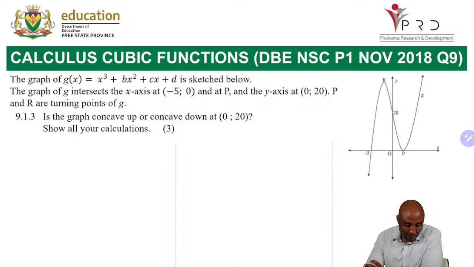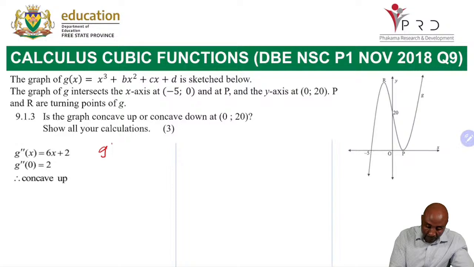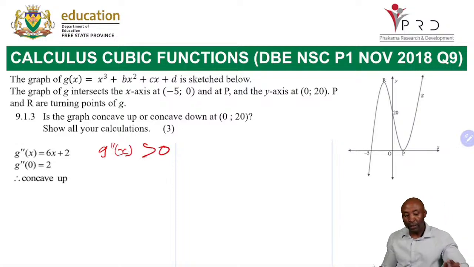Is the graph concave up or concave down at the point 0 and 20? How do you know? We find the second derivative and then we substitute 0 there, it will give us +2. So because our g dash dash of x is greater than 0, therefore it is concave up.